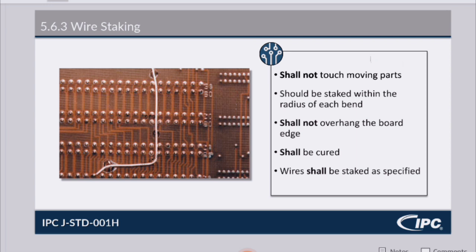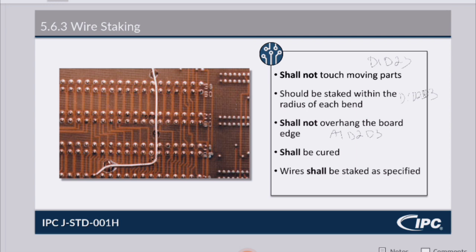So this is D1, D2, D3 for the moving parts. Also for this one as well, D1, D2, D3. Shall not overhang the board edge. That is A1, D2, D3.